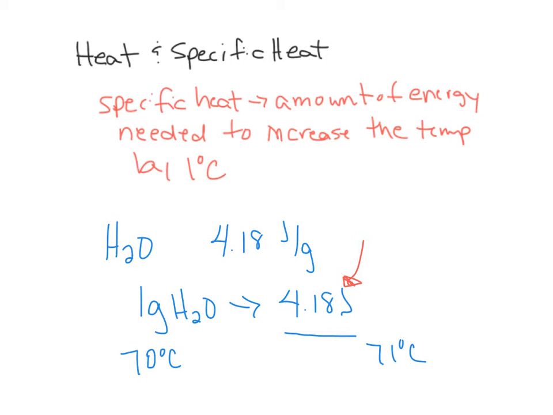Water is a unique one because we learned in our solutions unit that water has hydrogen bonds and it's polar, and those hydrogen bonds require some energy to begin to break up and can absorb quite a bit of energy.